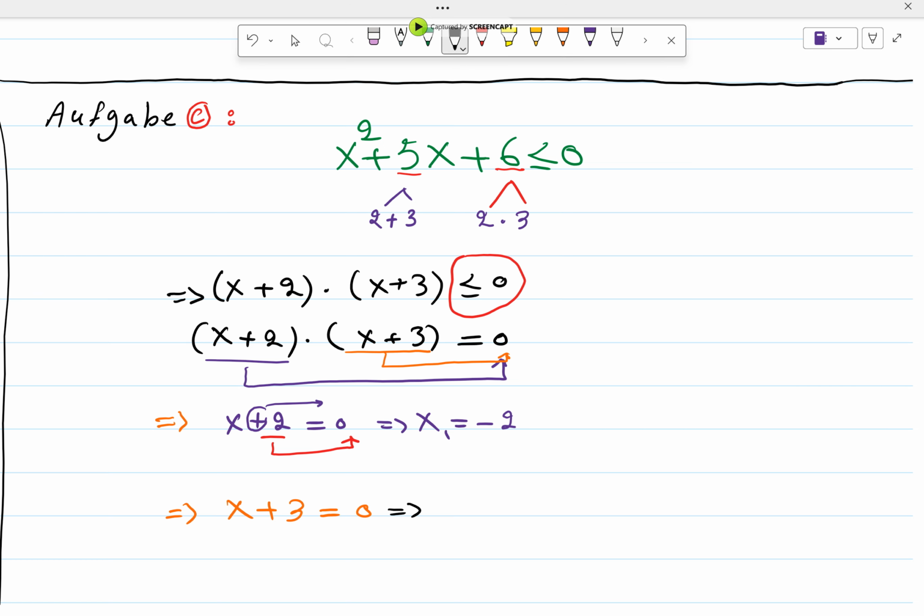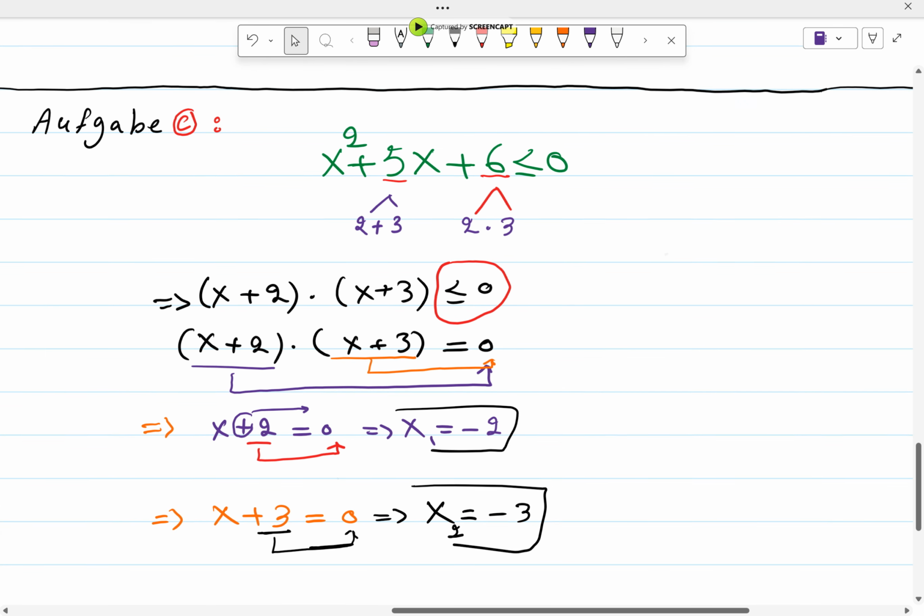What is the value of x2? We move the 3 to the other side of the equation. x is equal to minus 3. It is x2. We also find the x1 and also x2. This is the solution of the equality question.